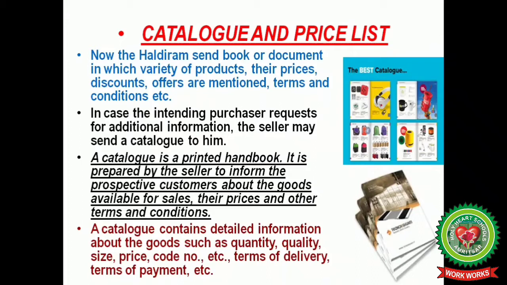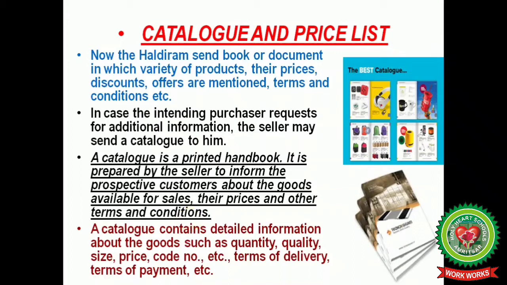In case the intended purchaser requests additional information, the seller may send a catalog in which the details of the products are given. A catalog is a printed handbook. It is prepared by the seller to inform customers about the goods available for sale, their prices and the terms and conditions.